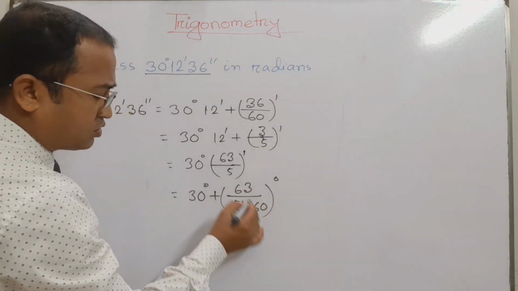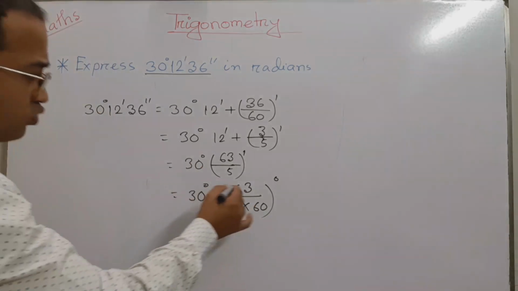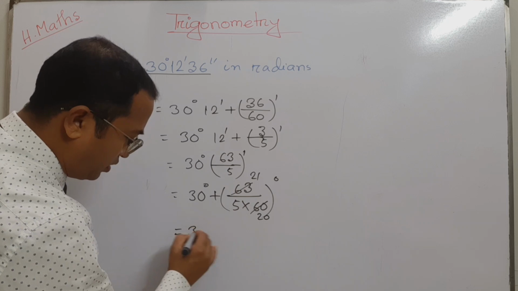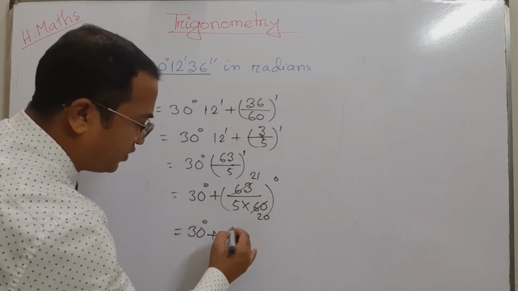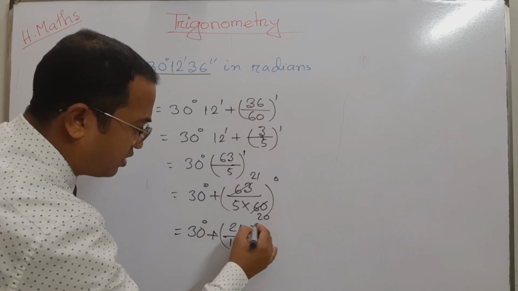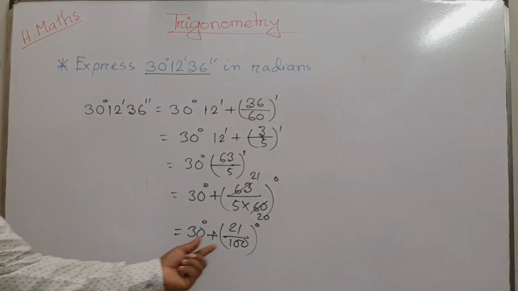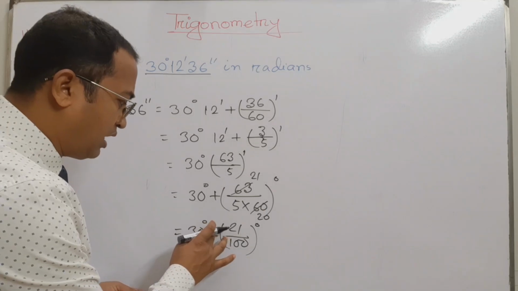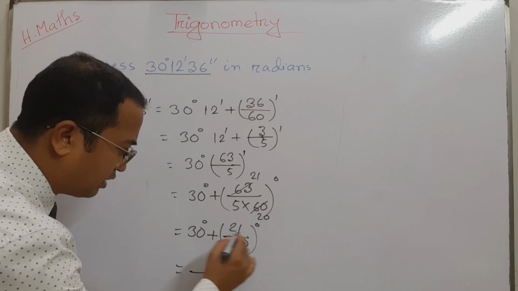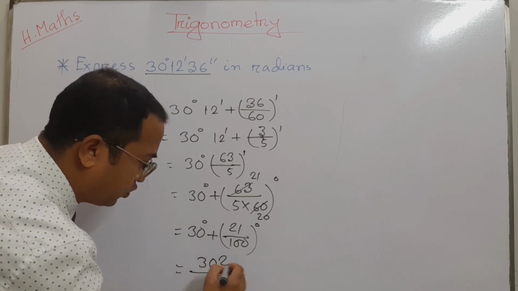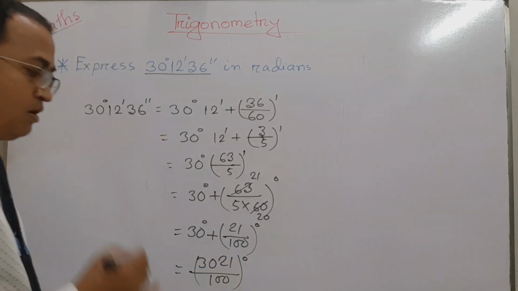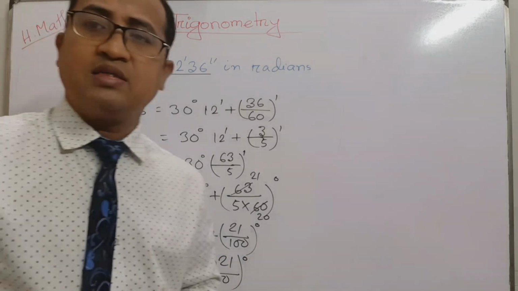If you cancel this by 3, it will be 21 and 20. 30 degree plus 21 by 100 degree. Now look, this is degree and this is also degree. We will add these two. If we add these two, it will be 3021 by 100 degree.